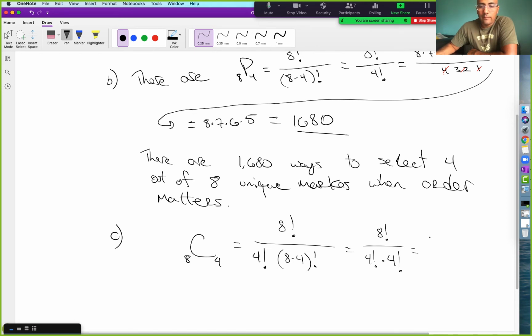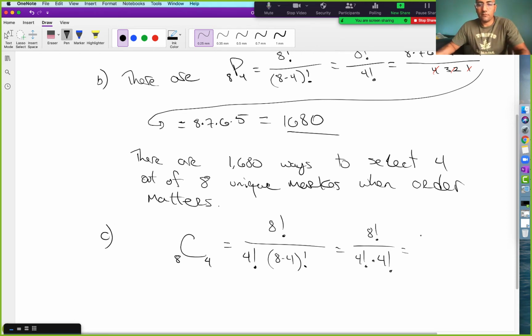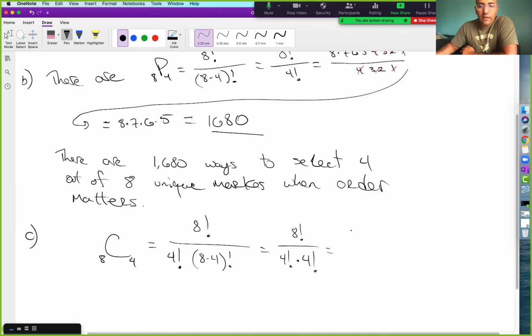Good. Okay, so this ends up being, well, if you expand it all out, it'll be 8 times 7 times 6 times 5 times 4 times 3 times 2 times 1 divided by, well, there's one copy of this little sequence, 4, 3, 2, 1, and then another one, 4, 3, 2, 1, like this.